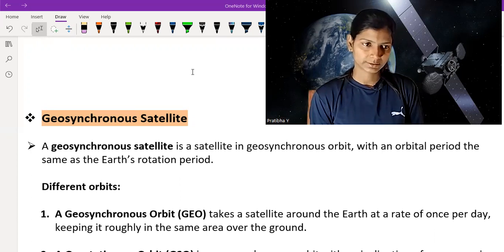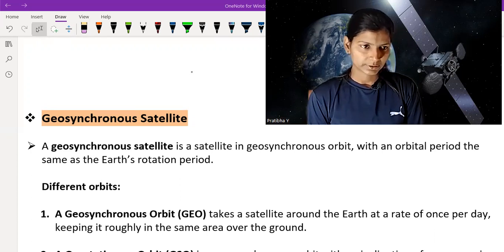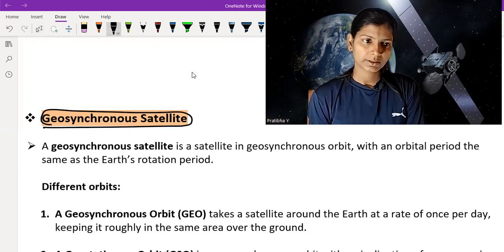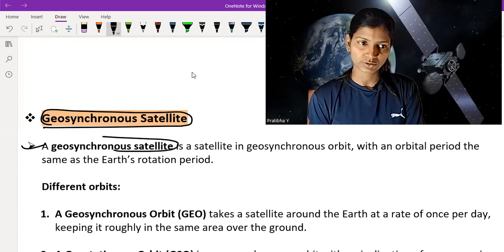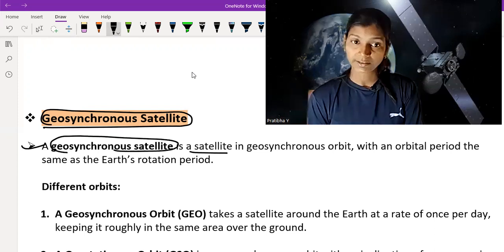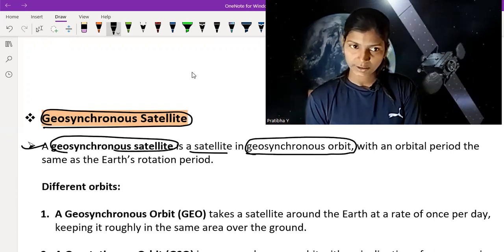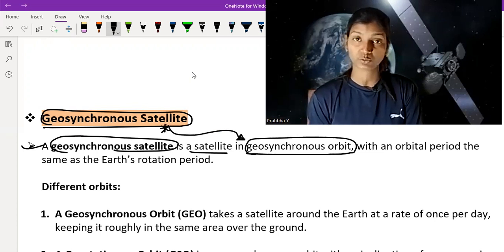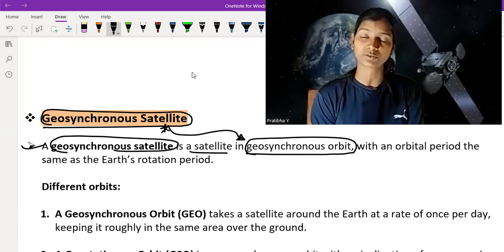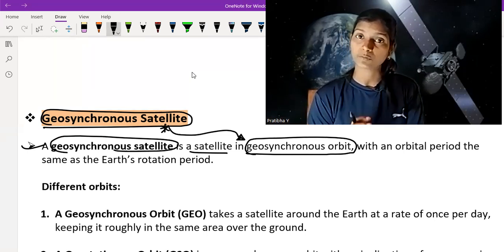So let's talk about the geosynchronous satellite. A geosynchronous satellite is a satellite in geosynchronous orbit. So what is geosynchronous orbit? Geosynchronous orbit is an orbit in sync with the rotation of the Earth.